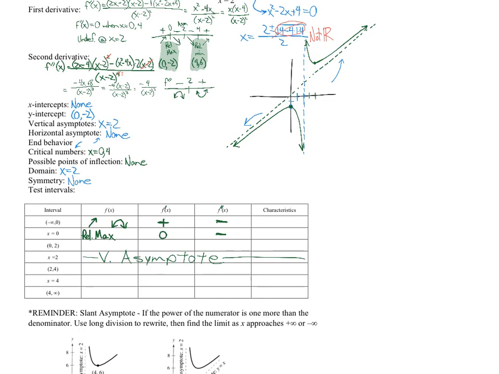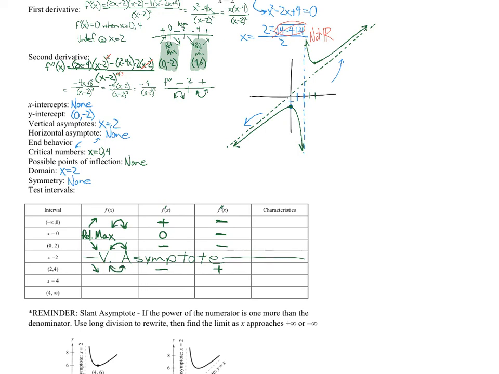Okay? On the interval from 0 to 2, the first derivative is negative, second derivative is negative. So it is decreasing and concave down. Okay? Then we have negative, positive, which means we're decreasing and concave up.